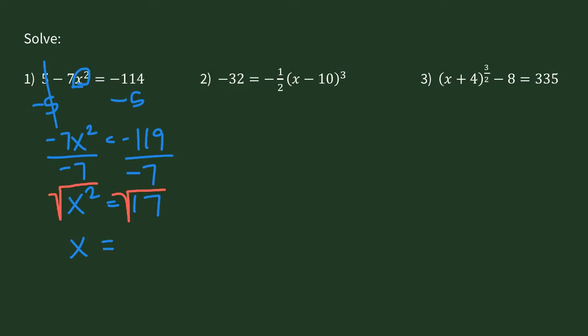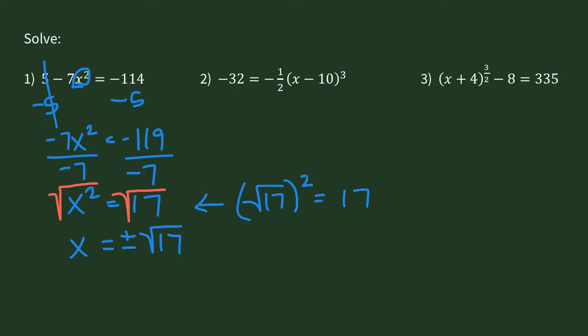Whenever we take a square root when we're solving, we don't know if the original number was positive or negative, so we put plus or minus square root of 17. So anytime you're solving and you're taking a square root or any even root, a 4th root, a 6th root, we put a plus or minus in front. Because if I just go back one step and I plug in positive square root of 17 and square it, that should equal 17.